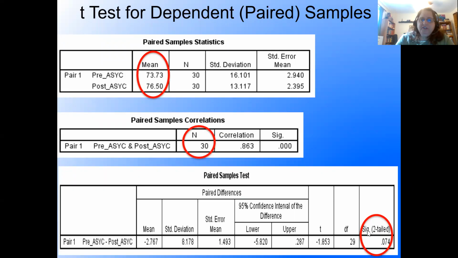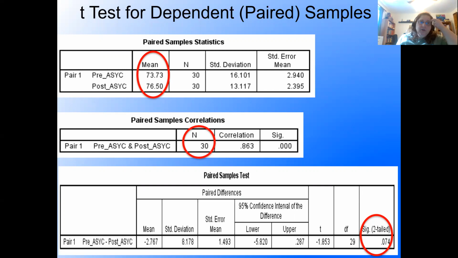Notice how this is a sig for a two-tailed test. What if I'm not running a two-tailed test? What if I want to know if post-test scores will be higher than pre-test scores? Okay.